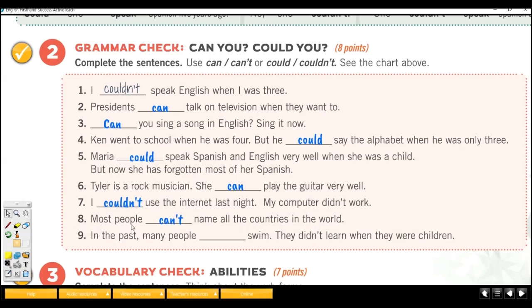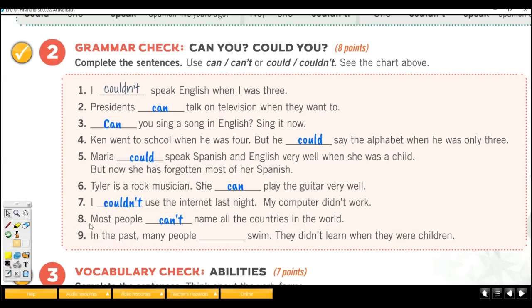And okay, 대부분 사람들이 모든 나라 이름을 얘기할 수 없어요. Most people can't name all the countries in the world.